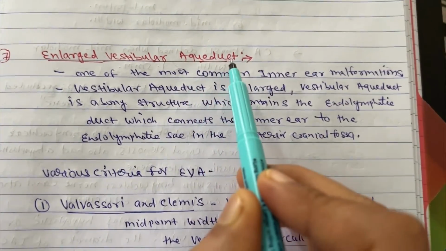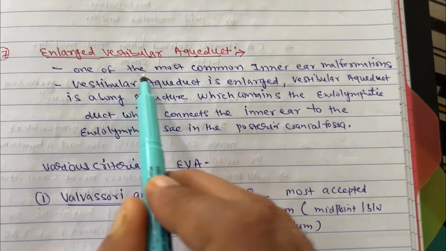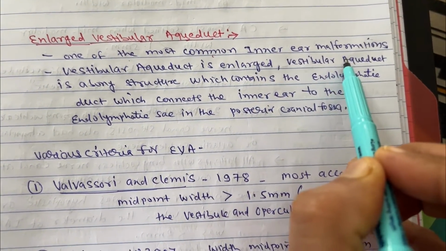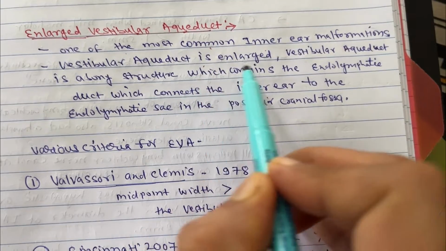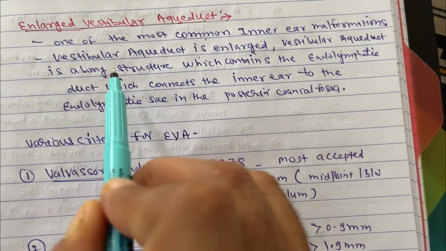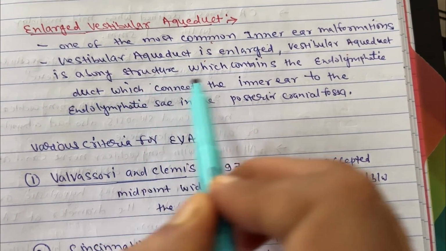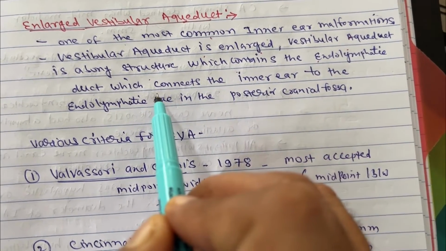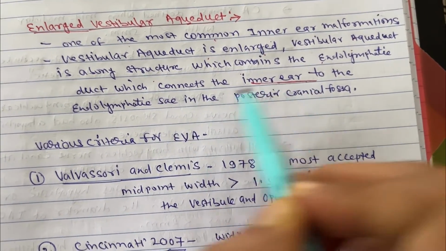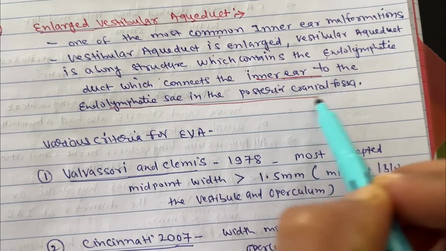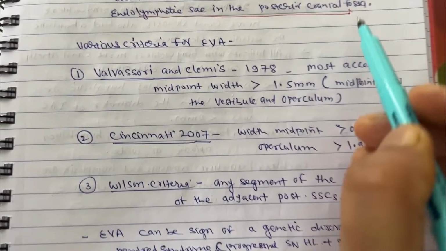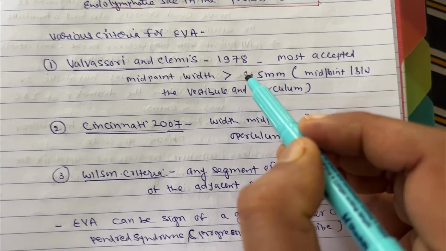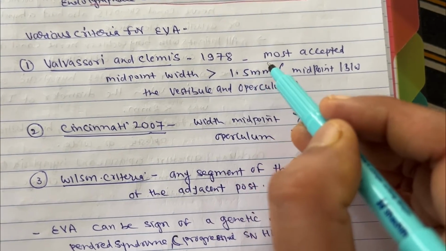It's enlarged vestibular aqueduct. It is one of the most common inner ear malformations. The vestibular aqueduct is a bony structure which contains the endolymphatic duct, which connects the inner ear to the endolymphatic sac in the posterior cranial fossa. There are various criteria for enlarged vestibular aqueduct.